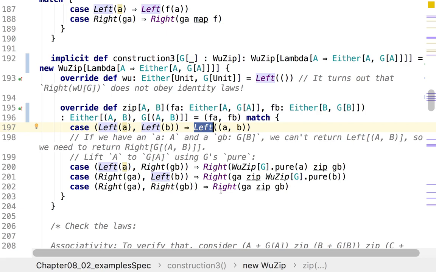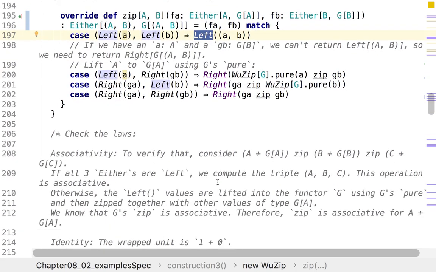It means that somehow we are losing information. We're never returning a left, and that's going to lose information, and certainly that could be an obstacle to satisfying the laws. We'll see that indeed that is so.